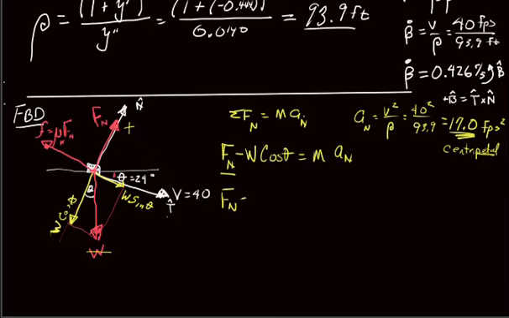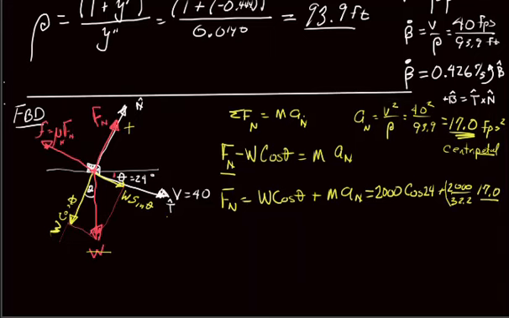So Fn will be W cosine of theta plus m a n, which is 2,000 pounds times the cosine of 24 plus 2,000 over 32.2 times 17.0 feet per second squared.